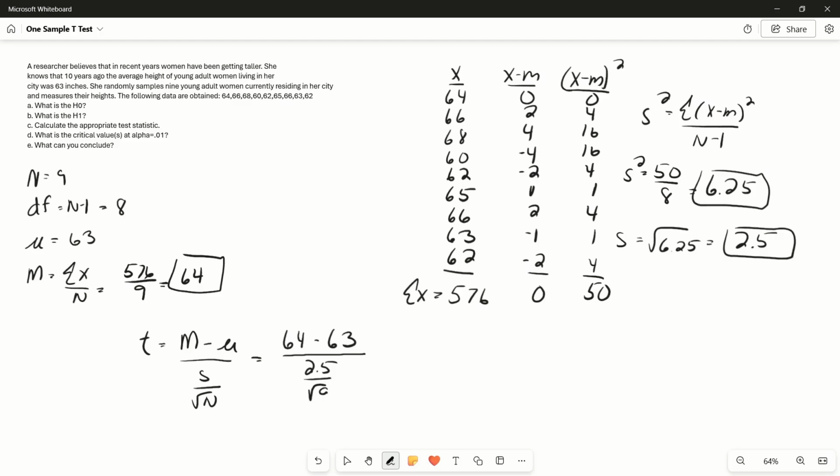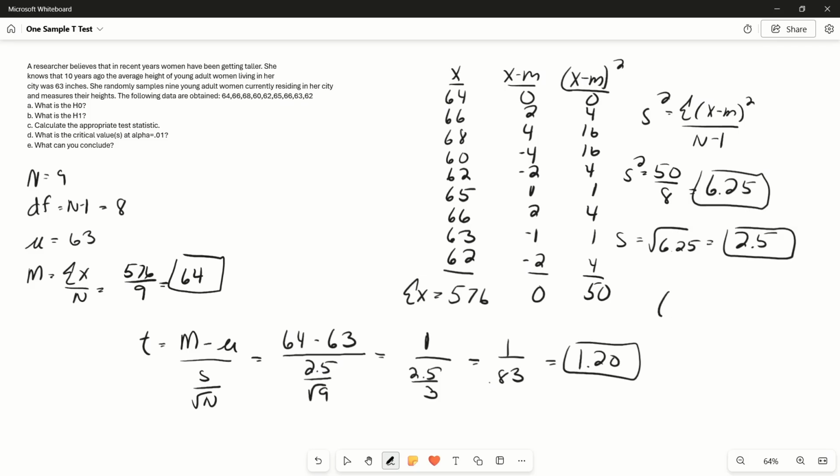So the square root of 9 is 3. This is 1 on top, and this is 2.5 over 3. And that's 1 over 0.83, which gives us 1.20 rounded as my t value. That's a pretty small t value. I need to compare that with t crit.